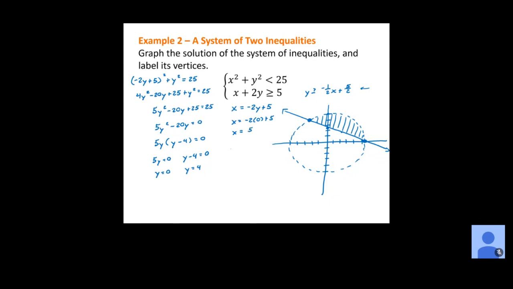Good. And then if we plug in the 4, we have negative 2 times 4 plus 5, and that would give us what? Good, negative 3. Now that we have those values, what are the points going to look like?